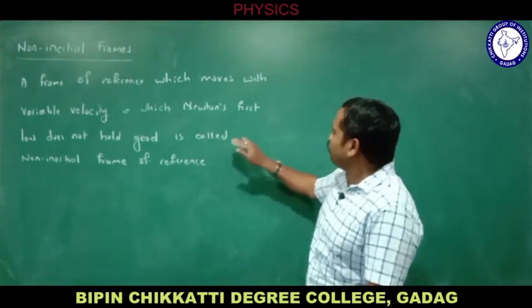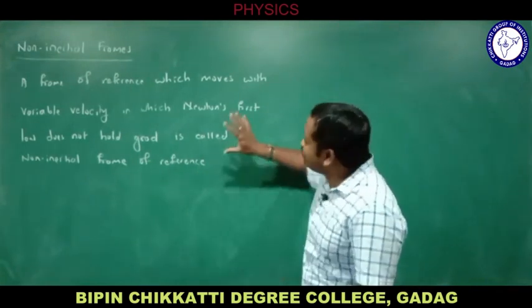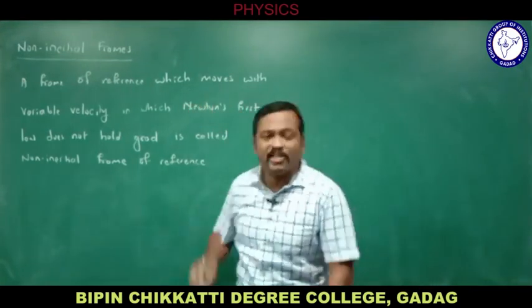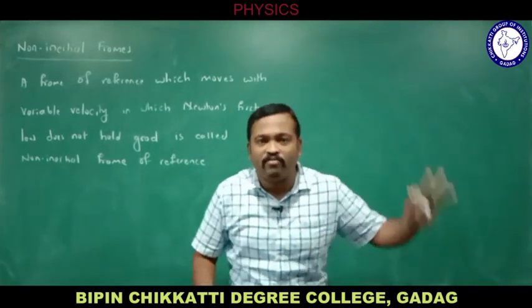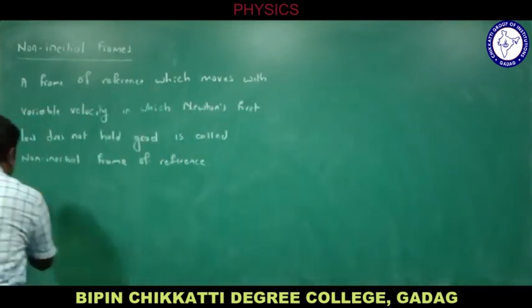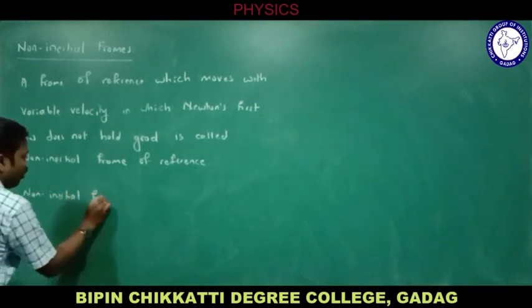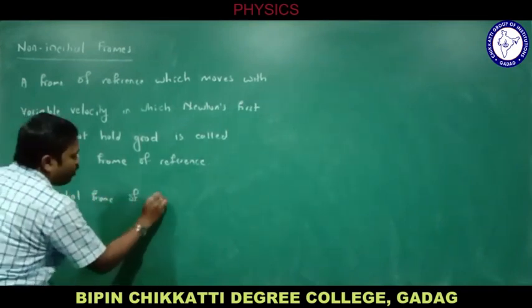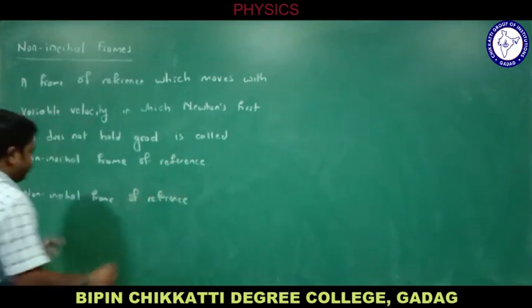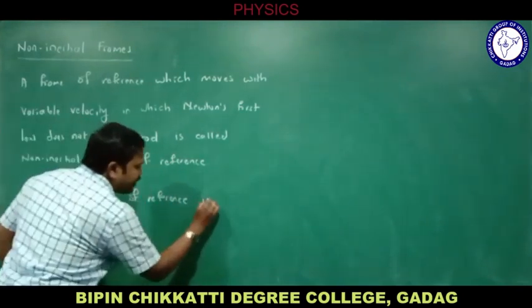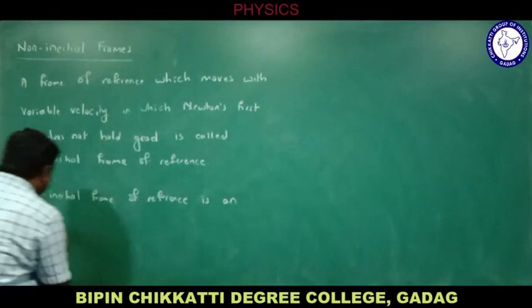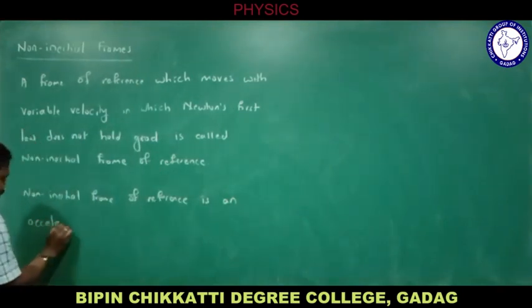So if Newton's first law does not hold good, then that frame of reference is called a non-inertial frame of reference. Do understand, non-inertial frame of reference, or non-inertial frame. A non-inertial frame of reference is an accelerated frame of reference.